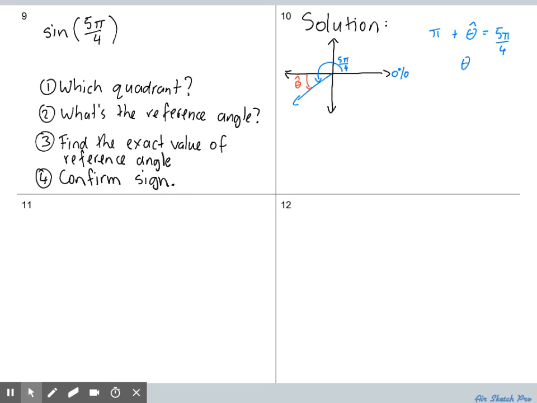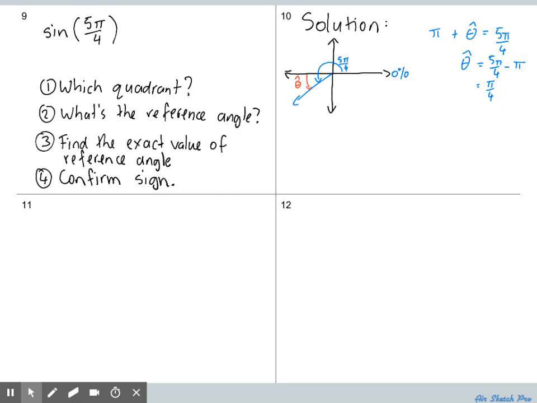So therefore, theta hat is equal to, and you could do this in one step, I'm just spelling it out for your notes really, 5 pi on 4 minus pi, which is equal to pi on 4. Now, you stop there and you need to make sure that what you're left with is an acute angle. That means it needs to be between 0 and pi on 2. If it's not, you've made a mistake. So go back and check your working out. Okay, so that's step 2 done. I've worked out the reference angle. Theta hat is equal to pi on 4. You okay with that?